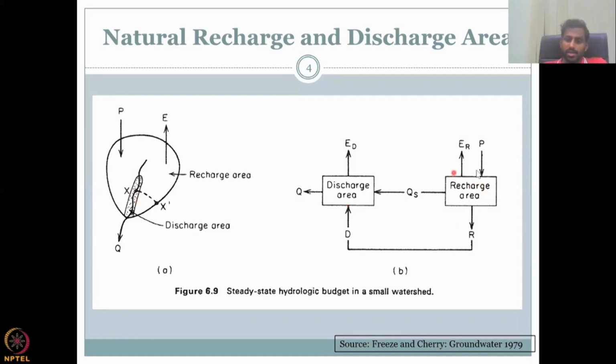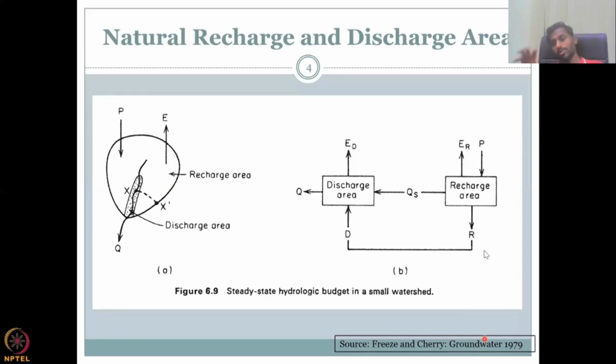Okay, so in a recharge area, precipitation is happening, evapotranspiration is happening, and there is a recharge into the discharge area. So recharge, and then recharge water goes and discharges out of the discharge area. So this clearly explains the steady state hydrological budget in a small watershed, wherein Q in is equal to Q out, and it doesn't change.